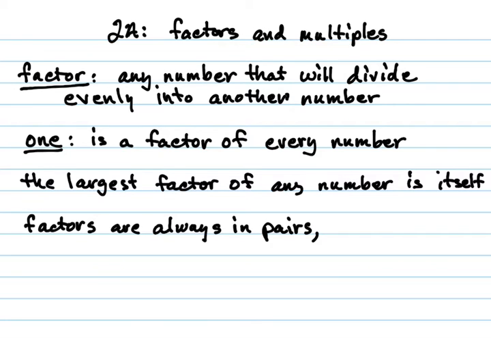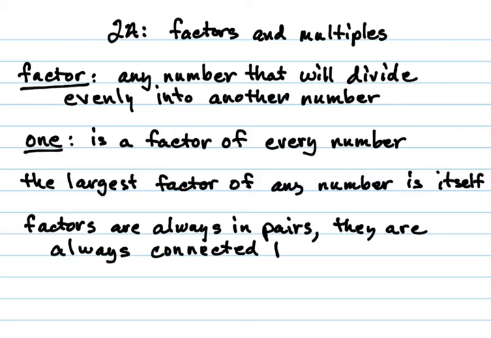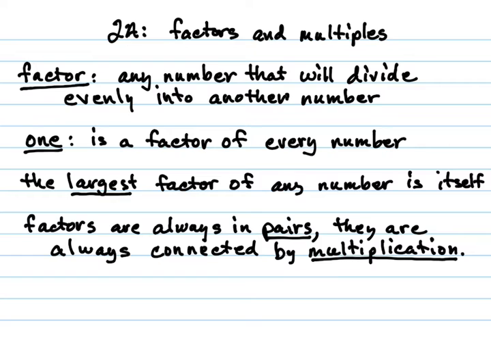And they are always connected by multiplication. We find them by using division, but they're always connected by multiplication. Yes? When it says the largest factor of any number is itself. So keep in mind, this never goes away.